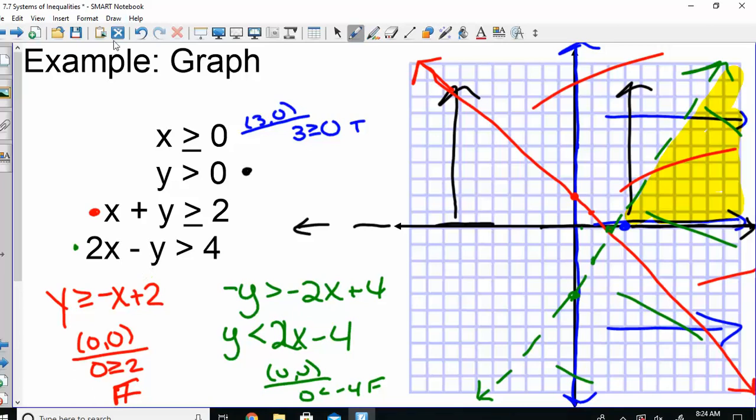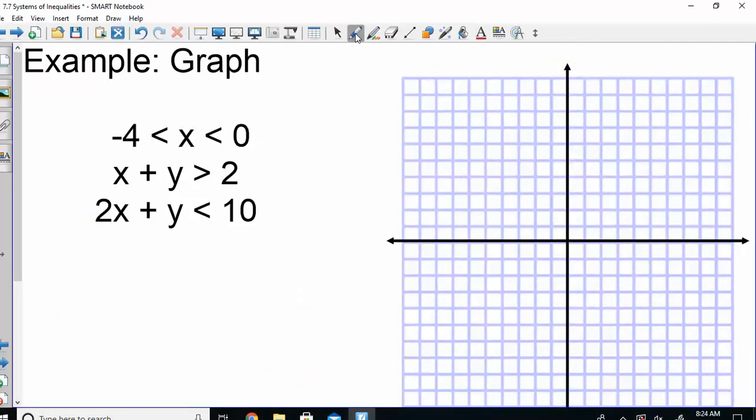Example for the day. Your homework is going to have something that looks like this.